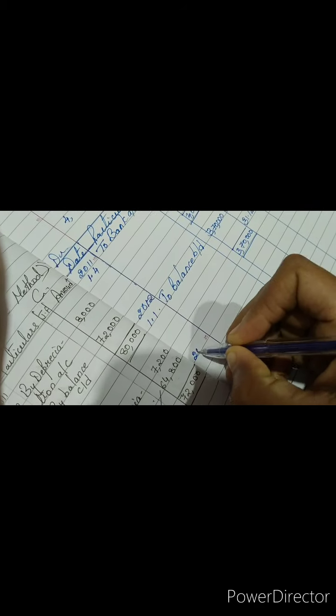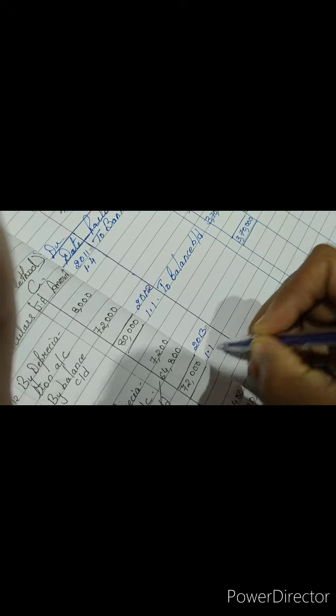Both the sides we have totaled. Now the next year in 2013, again the value of the asset on January 1st was 3,33,000.